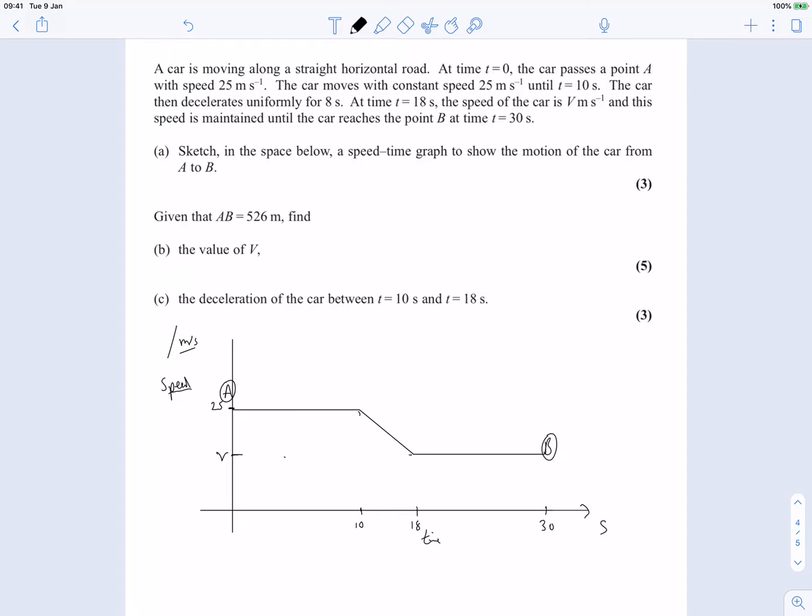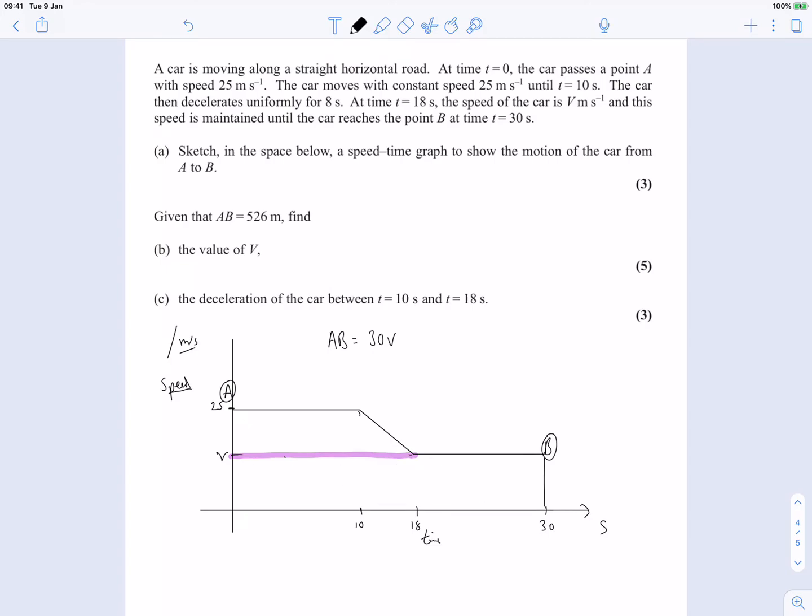Right, well, in actual fact, I'm just going to slice it like this. And I'm going to set it as the rectangle, so A to B is 30 times V, which is the area of this rectangle here.